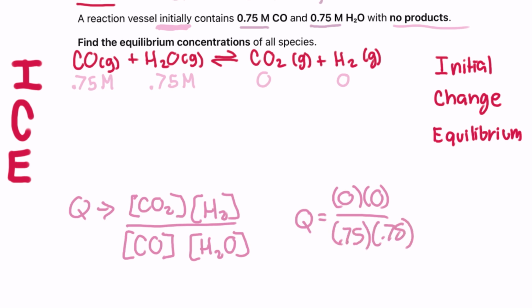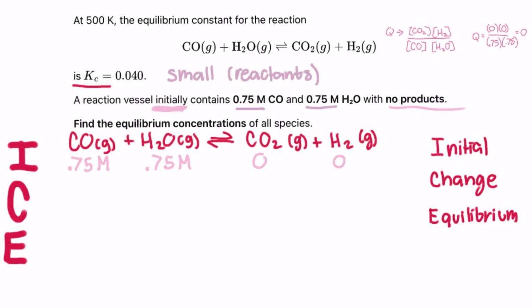As you can see, there's zeros at the numerator. So Q is 0. Now let's compare Q and Kc. Q is smaller than Kc because Q is 0 and Kc is 0.04. So in this case, the reaction will proceed forward.